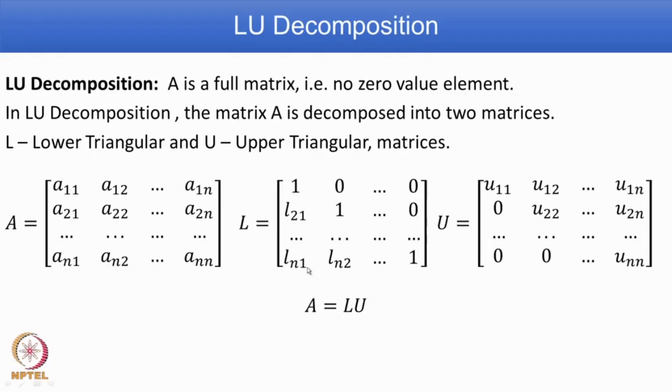In the form of a matrix notation, it is shown here: coefficient matrix A11 to ANN. It is now decomposed into the L matrix and the U matrix, and the structure of the L matrix is given.